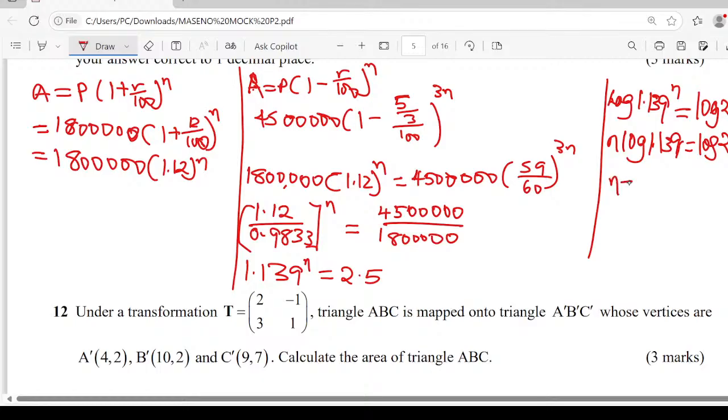Then n will be log 2.5 divided by log 1.139.